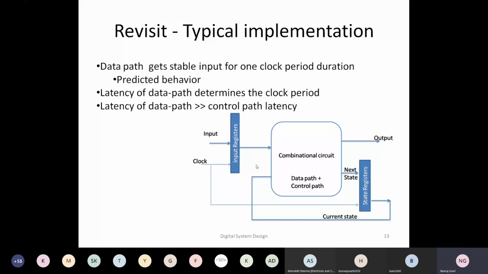This kind of implementation helps us quite a lot. It also helps us in validation, verification and testing, and in determining our critical path. Now we need not worry about all parts of the chip. I can concentrate between two registers. Let's say this output is also registered.